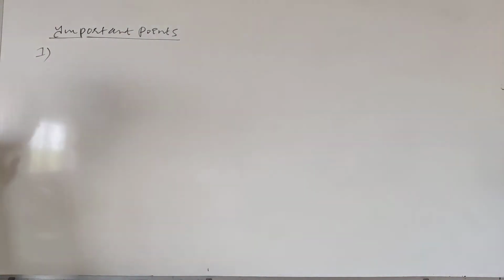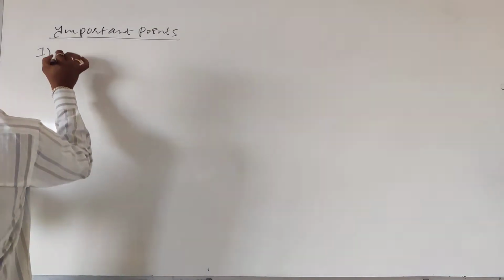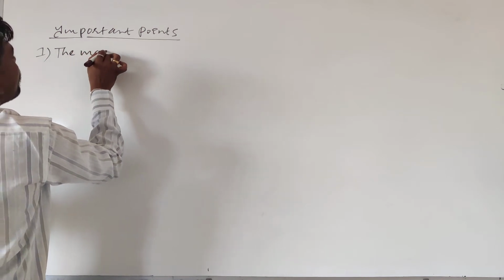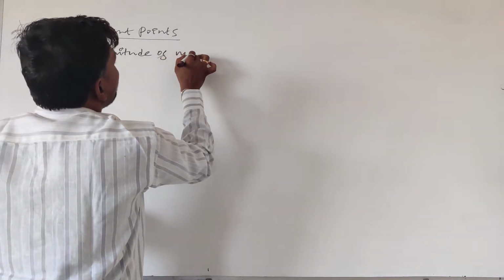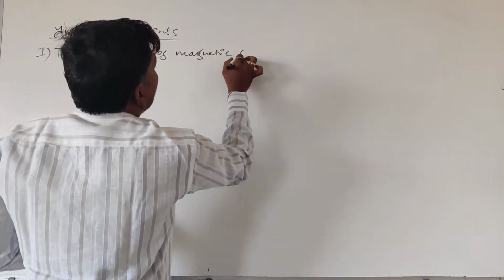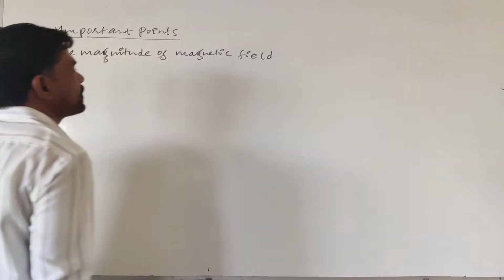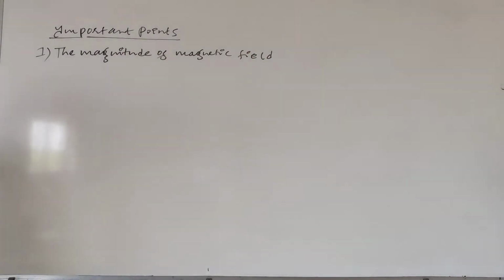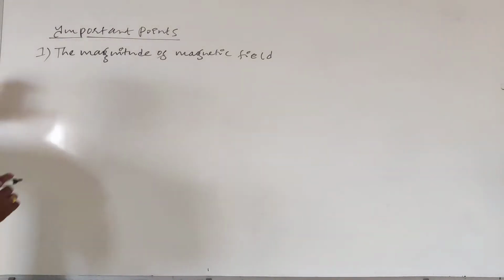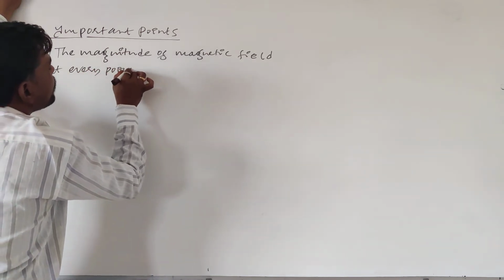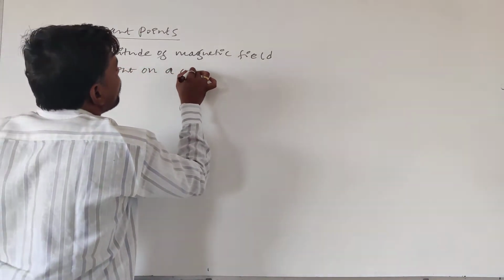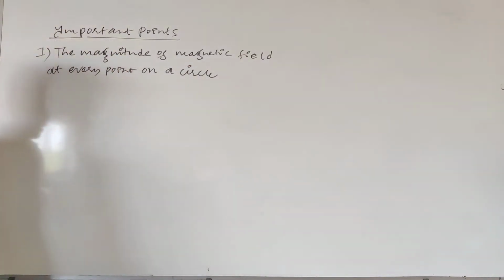First one, the magnitude of magnetic field. The magnitude of magnetic field at every point on a circle of radius r is the same.